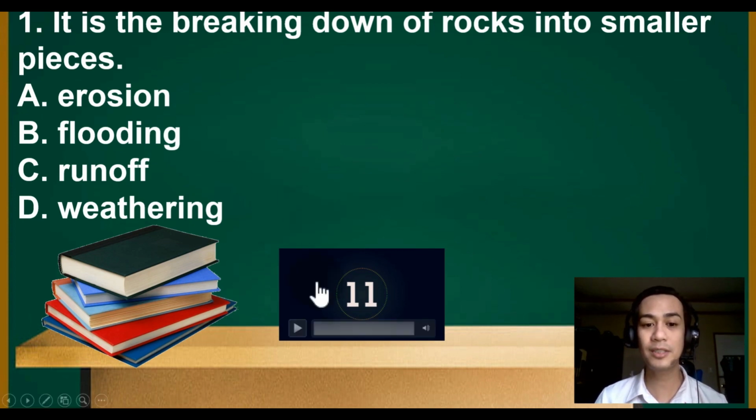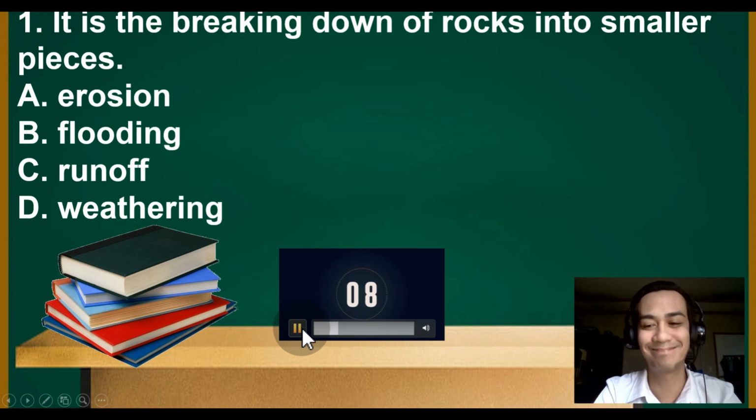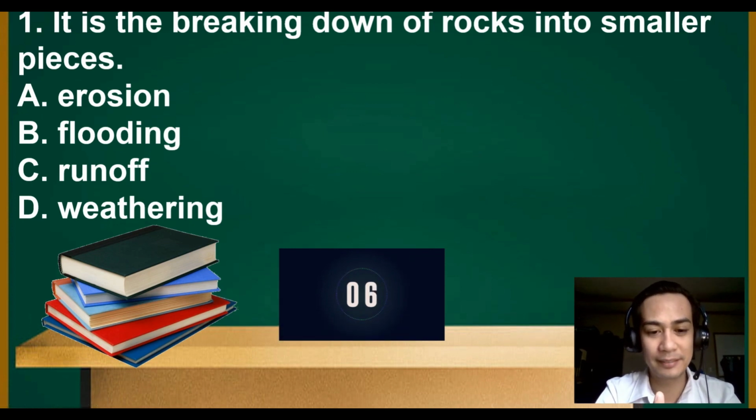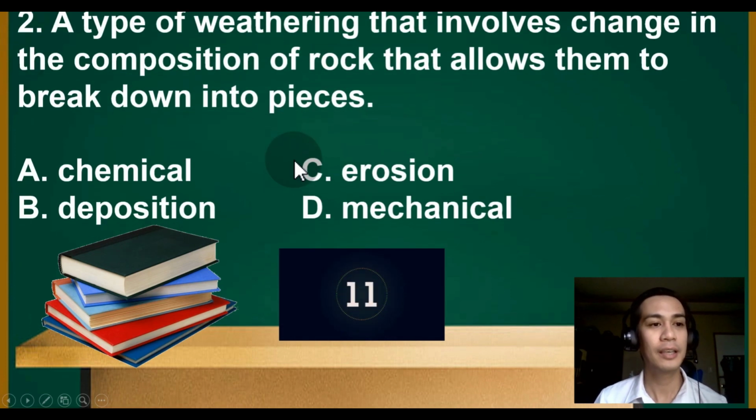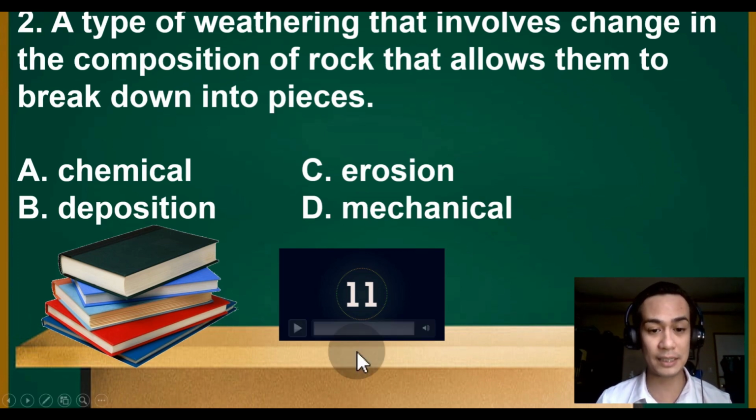I'll be giving you 10 seconds to answer. Okay, let's move to the next number. Number two, a type of weathering that involves change in the composition of rocks that allows them to break down into pieces.